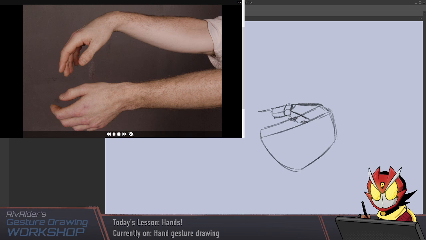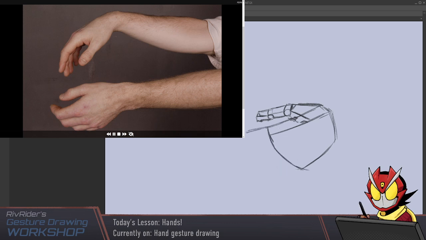And once again, try to think about things in relation to one another. This tip of the thumb is sticking over the... I'm drawing the bottom hand right now. And the tip of the thumb is peeping out over the top of the palm.